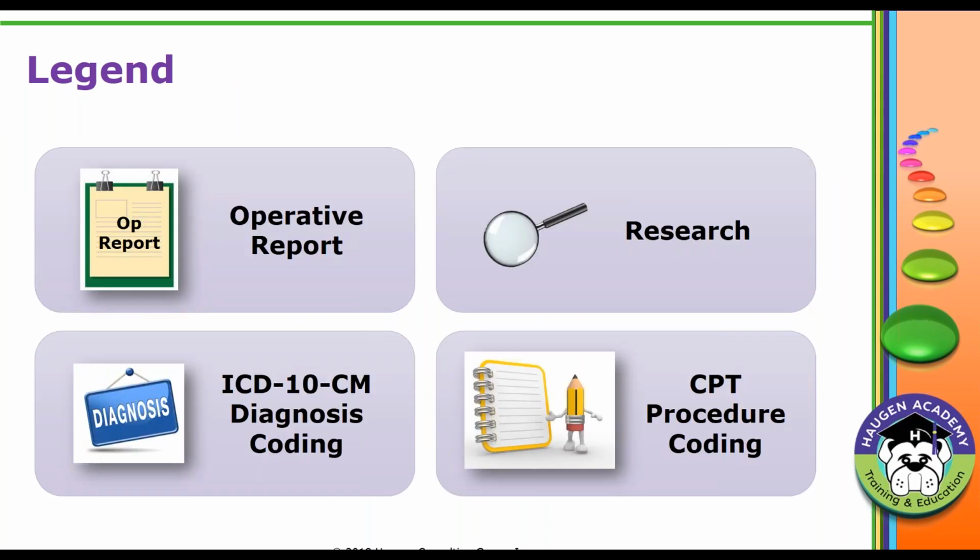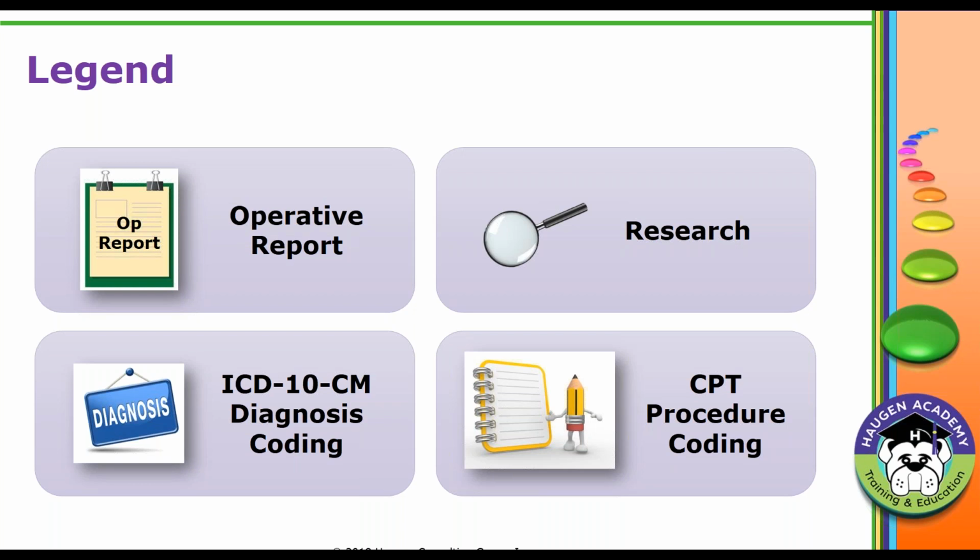Since we are coding from an operative report, my process involves jumping around a lot. I bounce around from reading the record to looking something up, to going from diagnosis coding back to CPT coding. Today in our slides, we put little icons at the top to help you follow along.